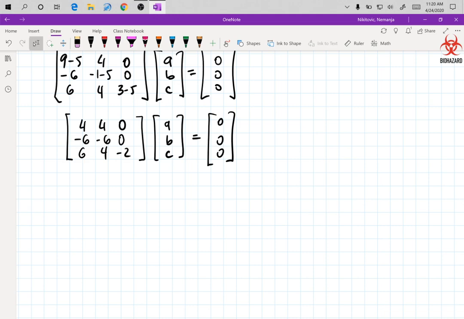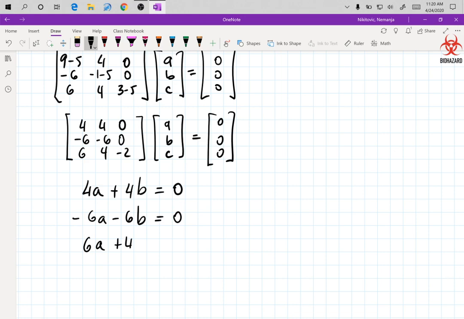Now, this means 4a plus 4b equals 0 when you multiply the row and the column vector. Then we have negative 6a minus 6b to give us another 0. And finally, 6a plus 4b minus 2c to give us 0.